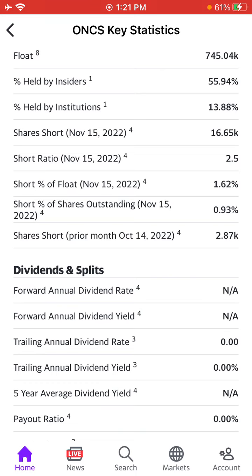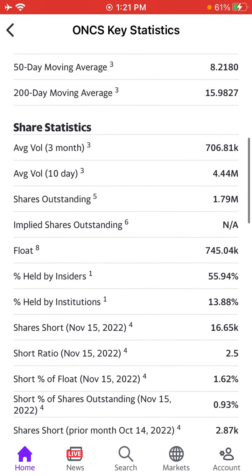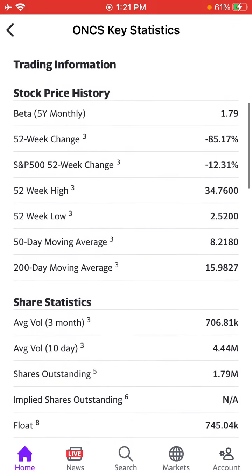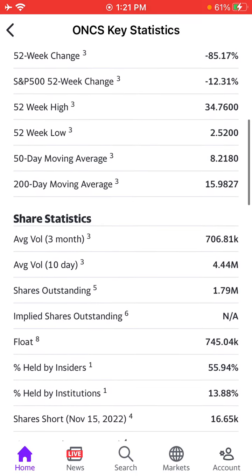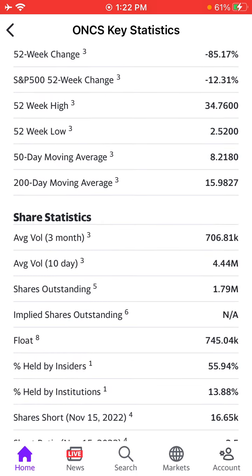So in this case, I would say the float is 1.7 million, not 745K. So this is an example where it's a little more tricky to find the float because they just did a reverse split. But this is why I don't always trust Yahoo Finance to come up with the float.